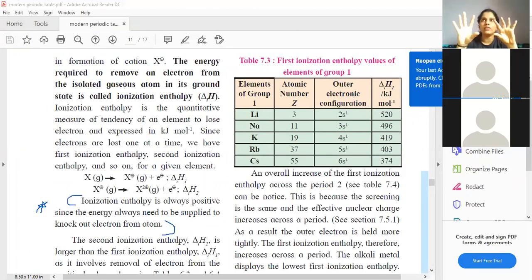See students, I'll give you all one thing: your enthalpies in general, like your delta H in general, can either be a positive value or a negative value.